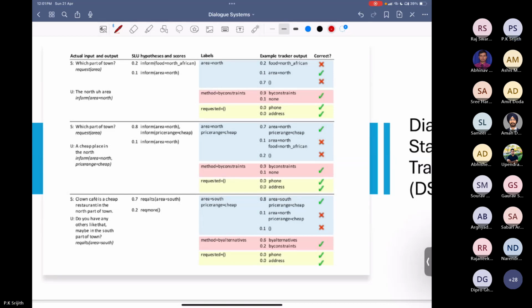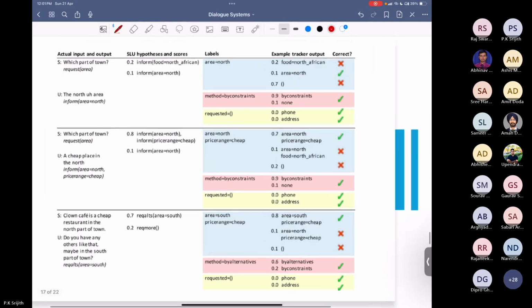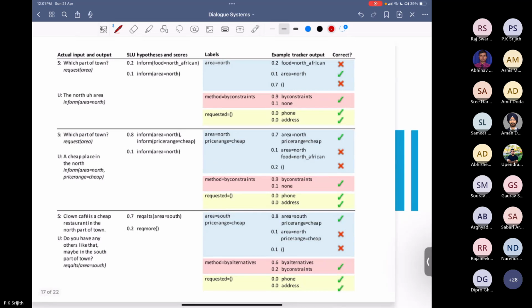Let's assume that the system asked which part of the town, and the user responded with something like north area. Based upon this user response, the SLU finds out that it has received some particular information about the location, and provides this information, area north, to the dialog state tracker.